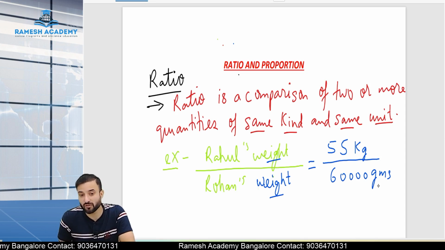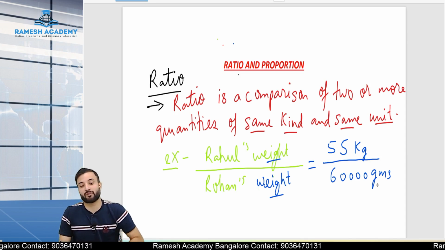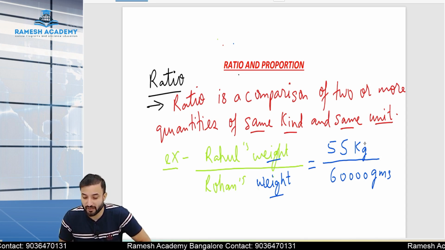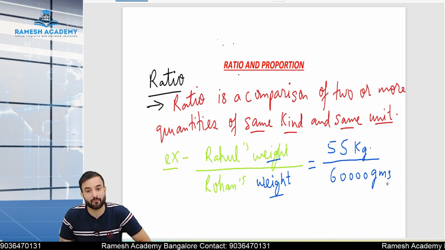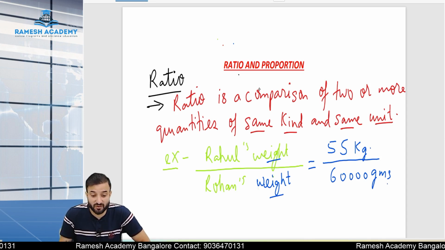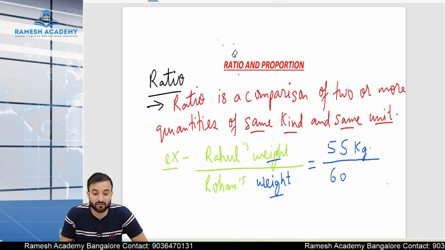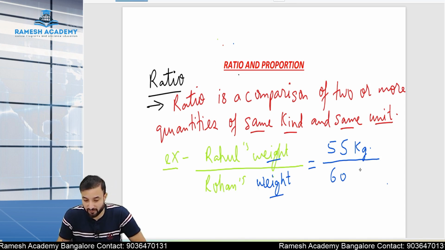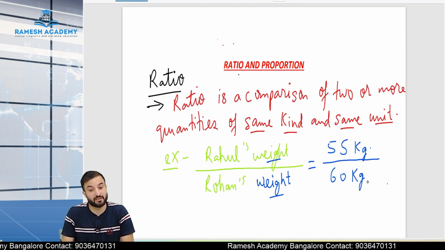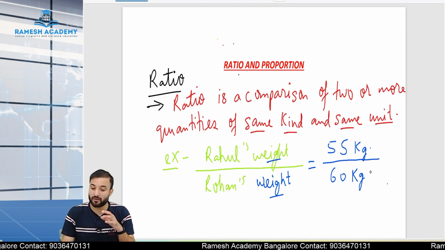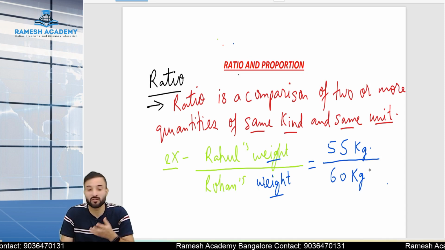No, it is not possible. Why? The reason is that one is in kg and the other is in gram, so it is difficult to compare. That's why we write both in the same unit. If Rahul's weight is in kg, we write Rohan's weight also in kg. If Rahul's weight is in gram, we take Rohan's weight also in gram.